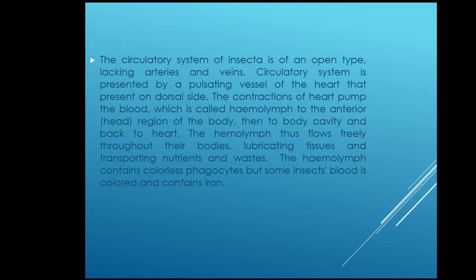The contractions of the heart pump the blood, which is called hemolymph, to the different parts of the body. The hemolymph flows freely throughout the body, lubricating tissues, transporting nourishment, and removing waste products.